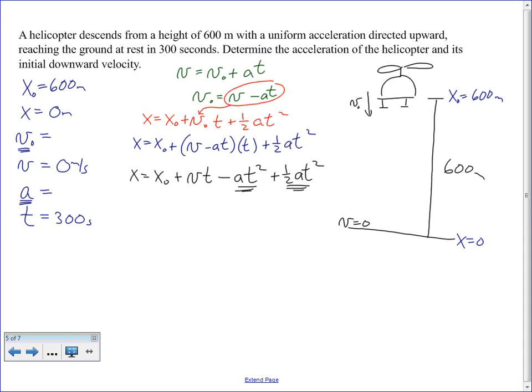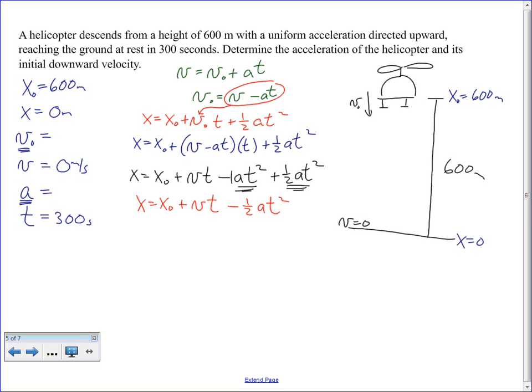So this is negative 1 at squared plus 1/2 at squared gives negative 1/2 at squared. So I have that x equals x sub 0 plus the final velocity times t minus 1/2 a t squared.